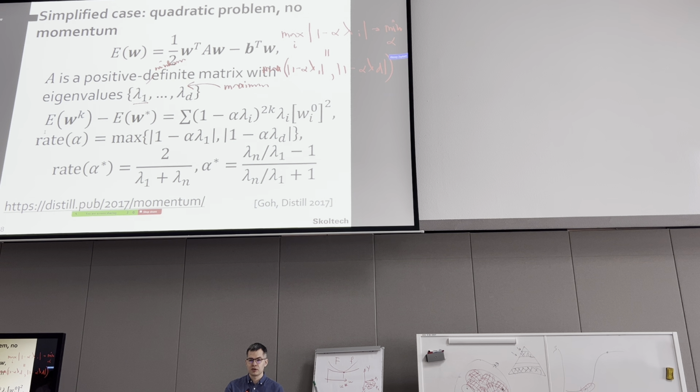Yes? Because everything else goes in between these two numbers. Agree? The lambdas are sorted. We are interested in minimizing the absolute value of this guy because we take a square here. Yes, it's a power of 2.